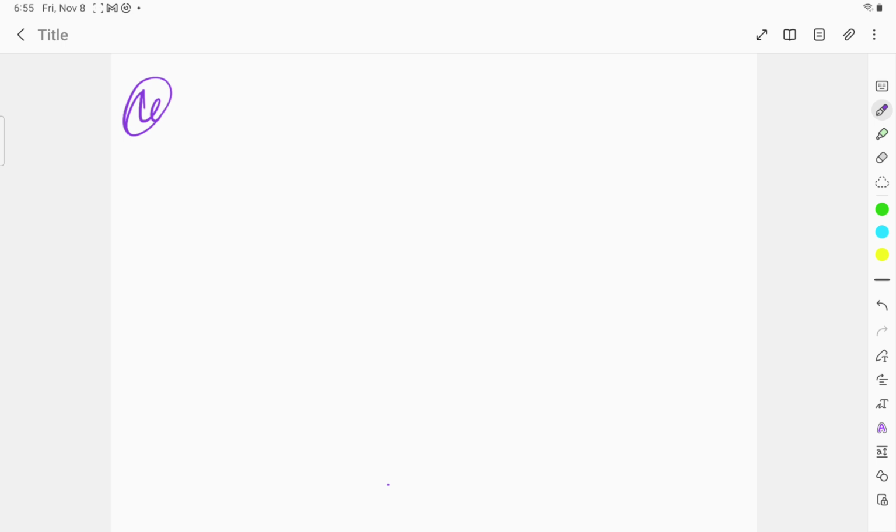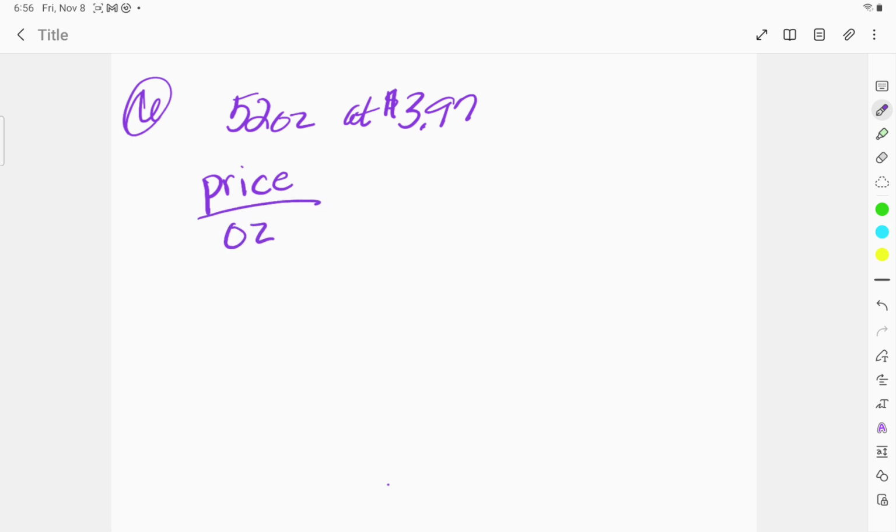Okay, so I have 52 ounces at $3.97. Whenever you're looking for price per ounce, that's exactly what you're going to do, price over ounce.